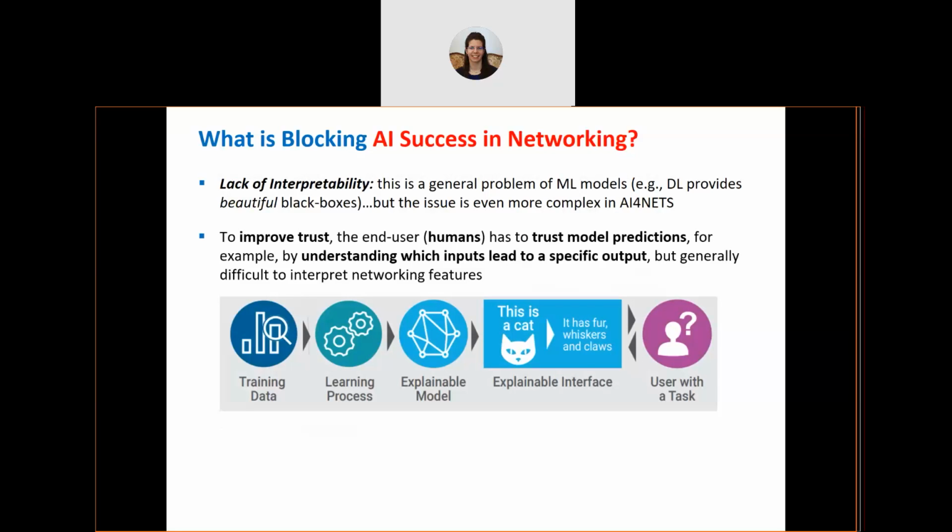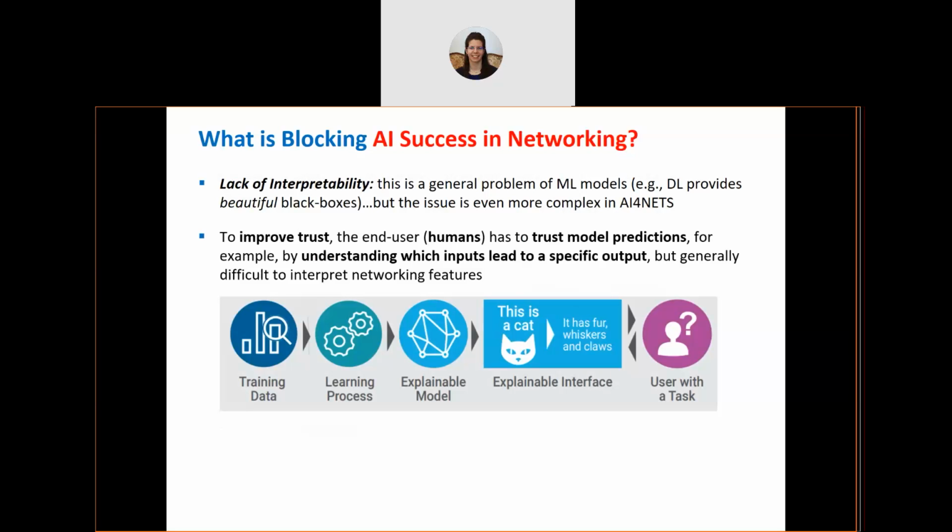The system tells you, okay, this is a cat, and it tells you this is a cat because it has fur, whiskers, and claws. As a human, you know this makes sense. A cat normally has these three things. So I could say that the decision the model is taking is coherent. Even though the model is very complex, it is providing something coherent.